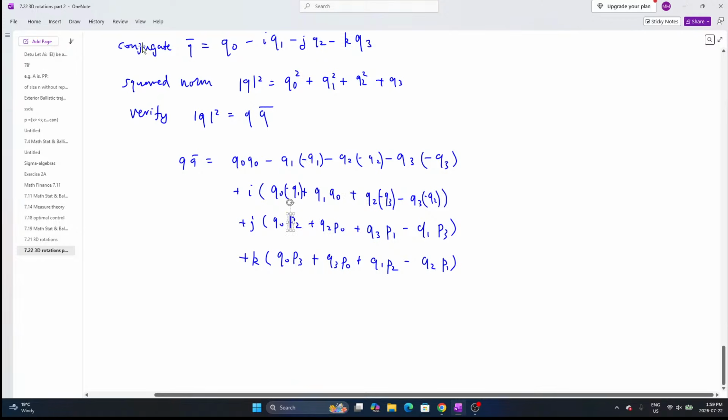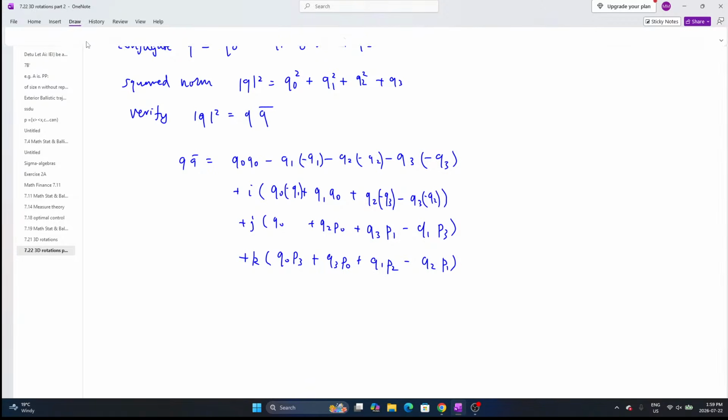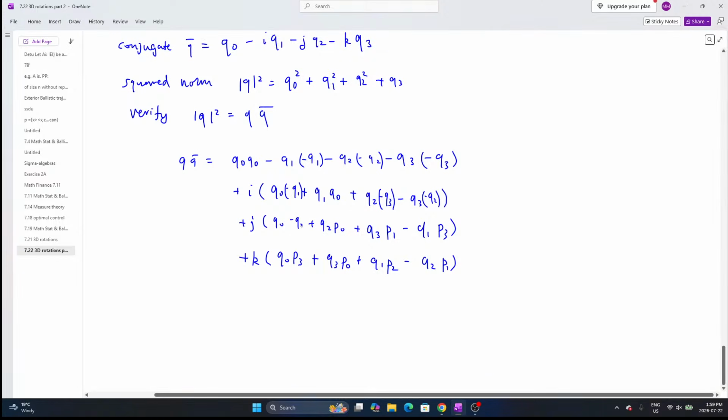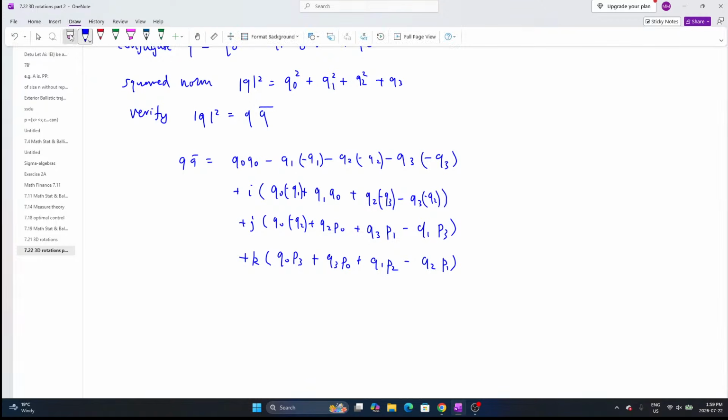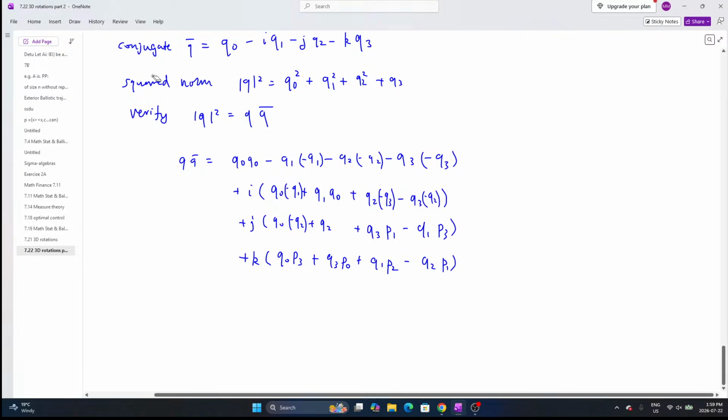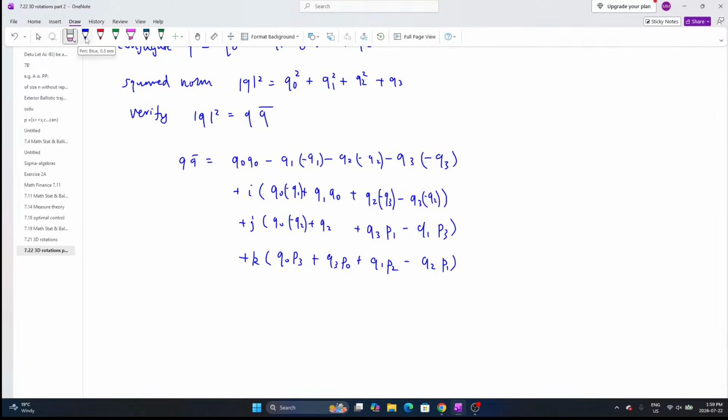So P2 here is minus Q2. Because let's be honest, quaternions aren't the most intuitive thing in the world, at least for beginners. Hold on a second. Why are things not canceling out? Did I make a mistake in the formula?